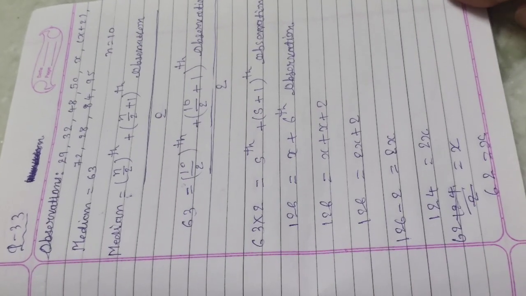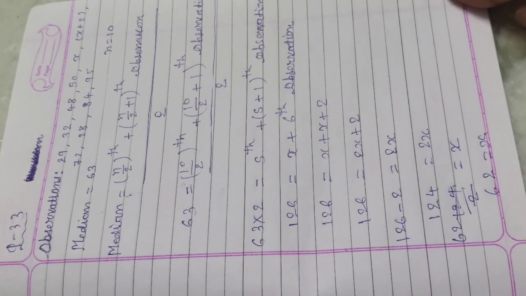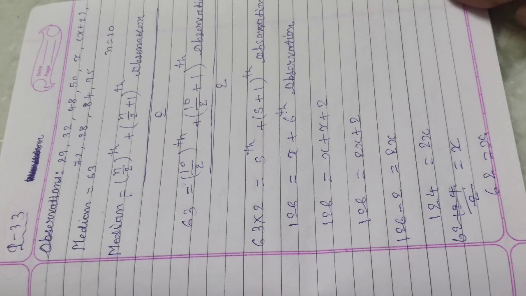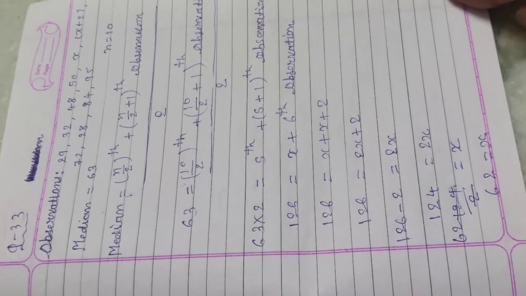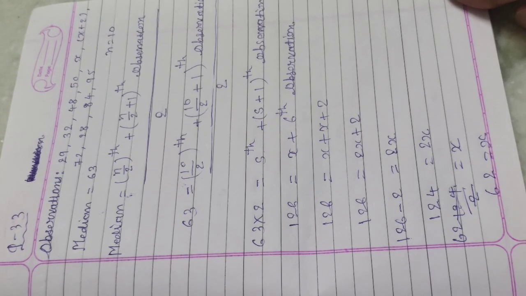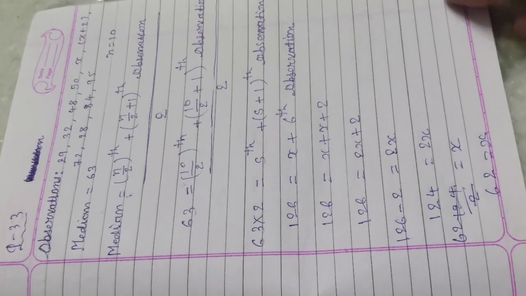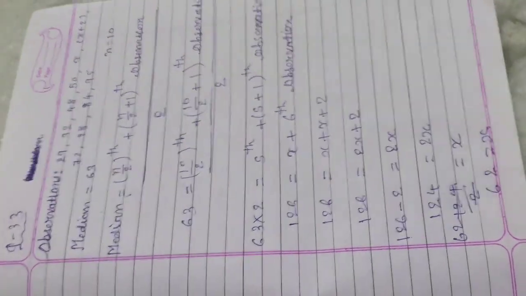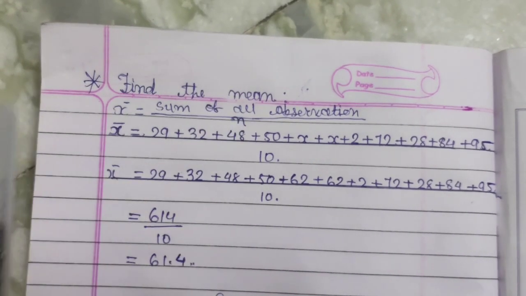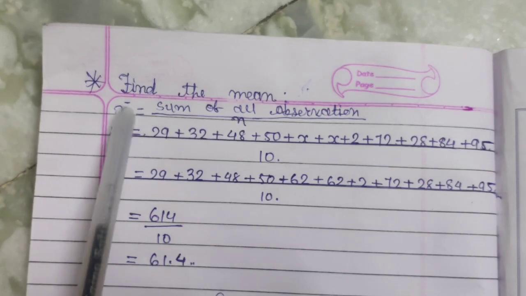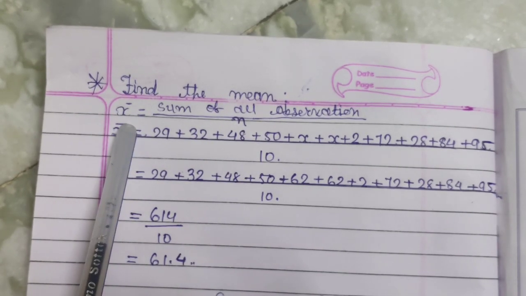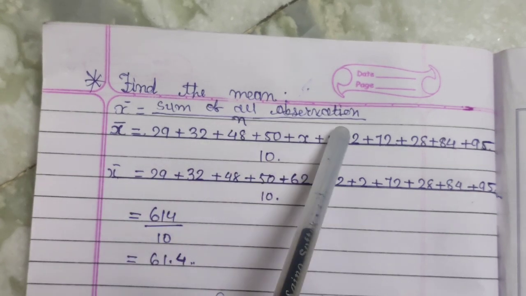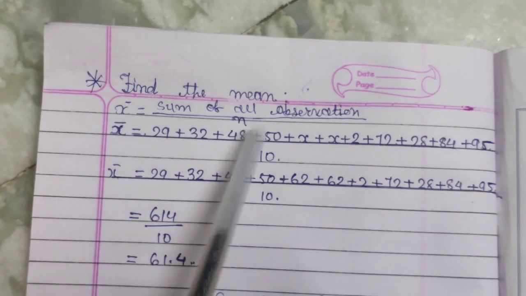Now I am going to find the mean of these observations, because the median is already given, so there is no need to find the median. x bar is the sign of mean, and the formula of mean is the sum of all observations divided by n.